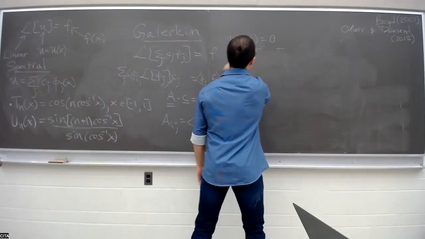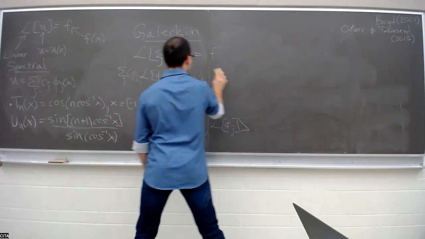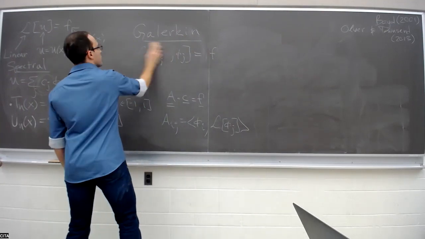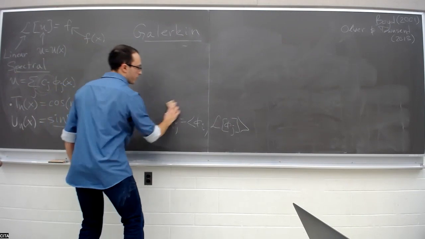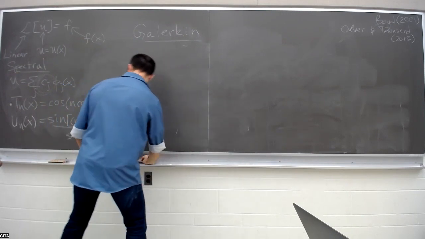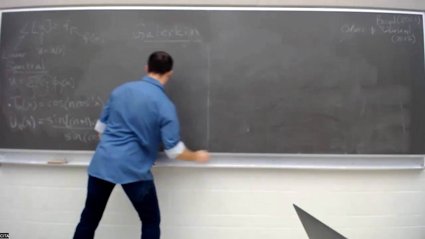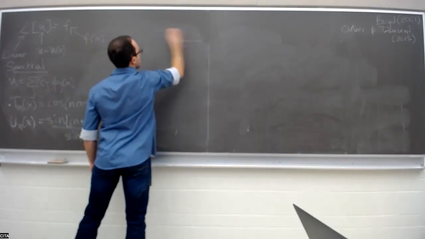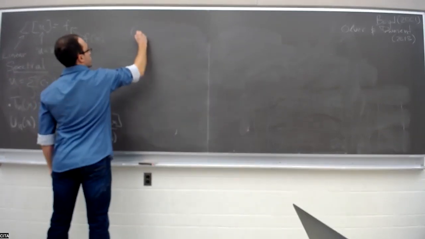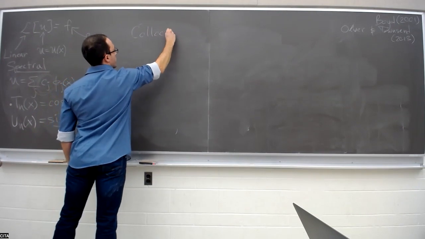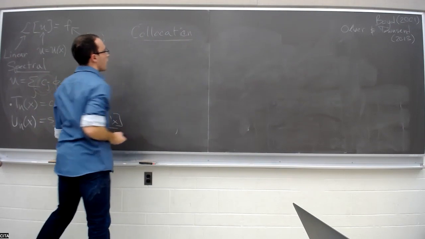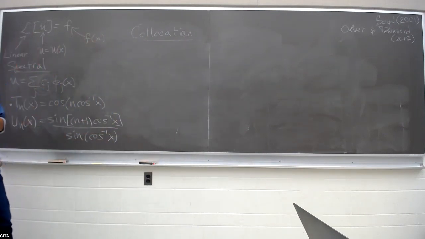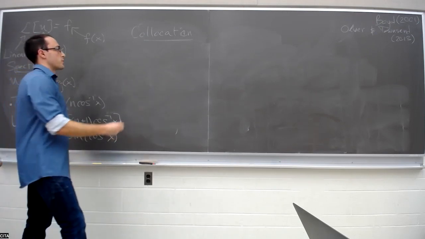A related but separate approach is something called a pseudo-spectral method, or spectral collocation. Spectral collocation basically involves, rather than working in coefficient space, you work on some special grid space.